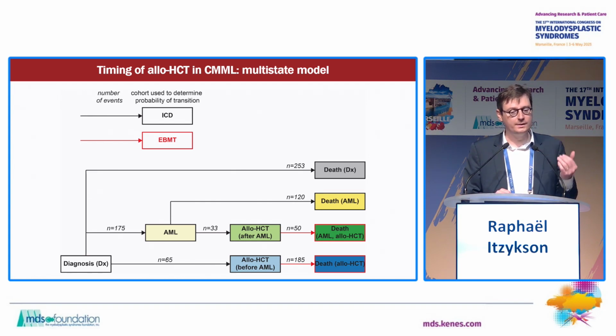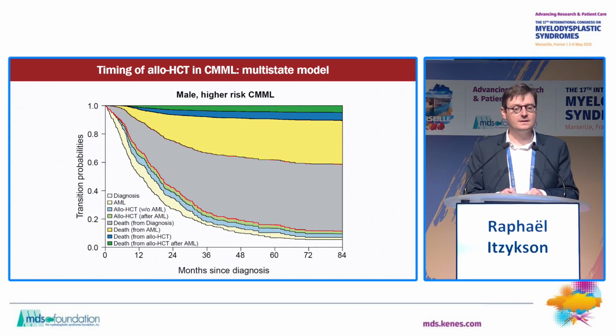So we could define the state of the patient over time, being in CMML or in the transformed state, having been transplanted or not. And this nicely allows to have individualized survival outcomes per patient, considering the probability at each time point to be alive with CMML with or without transplantation, alive after AML, unfortunately, a much less likely probability, and so forth.